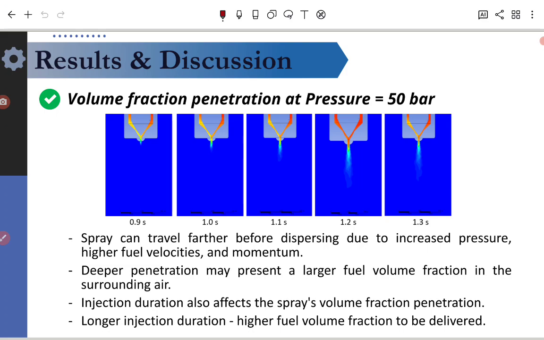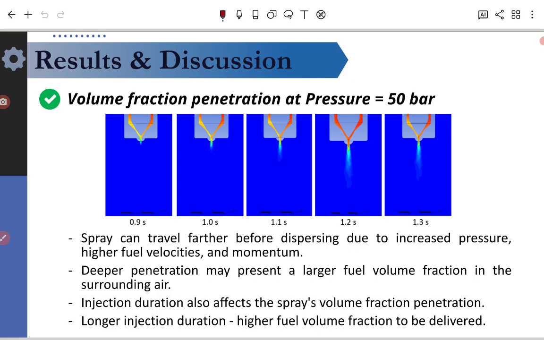And this is the result for volume fraction penetration at a pressure of 50 bar. From the figure, actually we have simulated 80 bar and 110 bar, but the result I want to discuss here is just for the 50 bar.